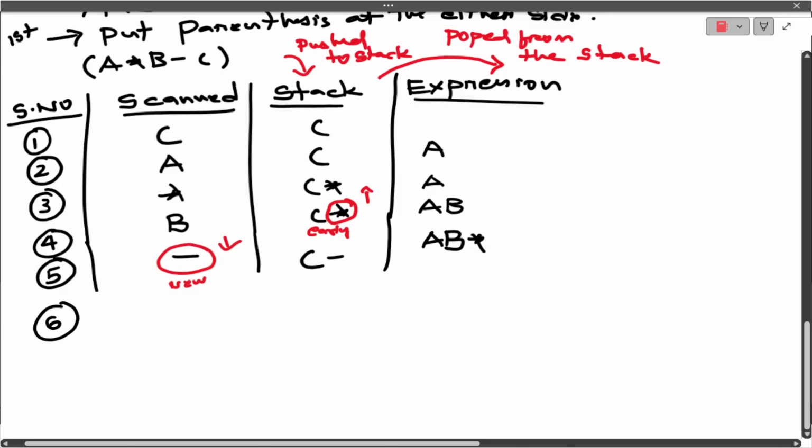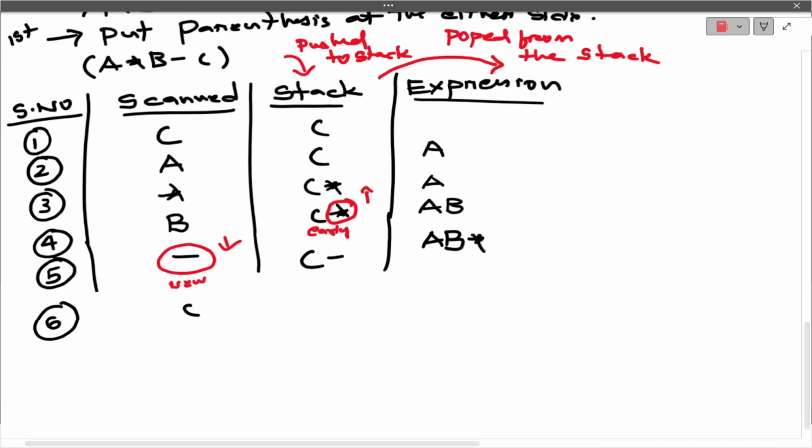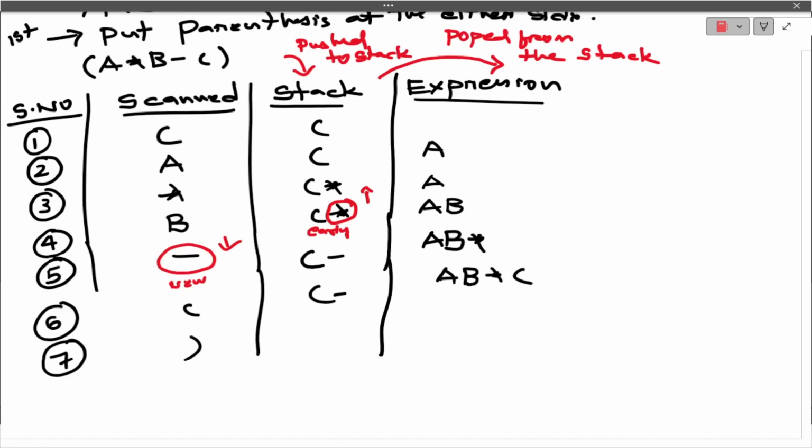Now number 6, what do I have? I do have C, right? As I have told, it will not be included over here, but it will be stored in this particular place, that is C. Now, am I going right? Yes. Now 7th is my parenthesis will be closed. When this is closed, what you need to do? There the time comes where I need to pop every operator that is present in this stack to my expression.